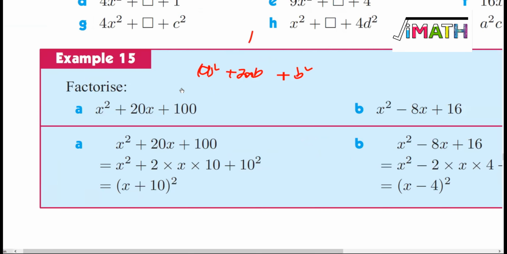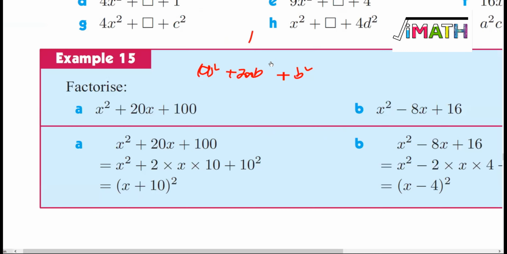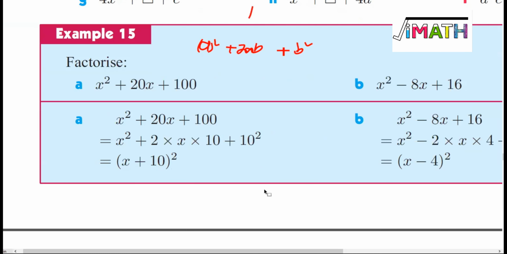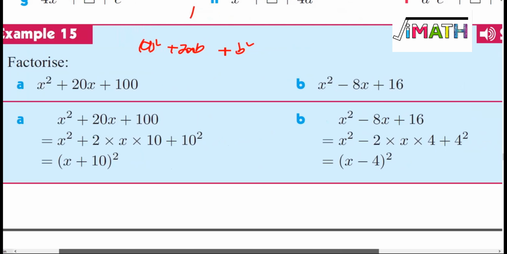Can you give me the other side? We have x squared and 20x and 100. We're trying to get back to a squared plus 2ab plus b squared, going to the (a + b) whole square form.